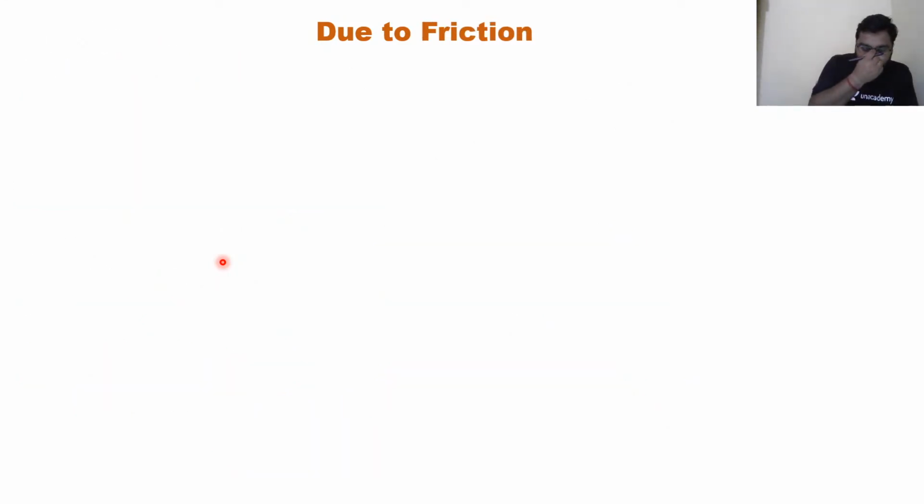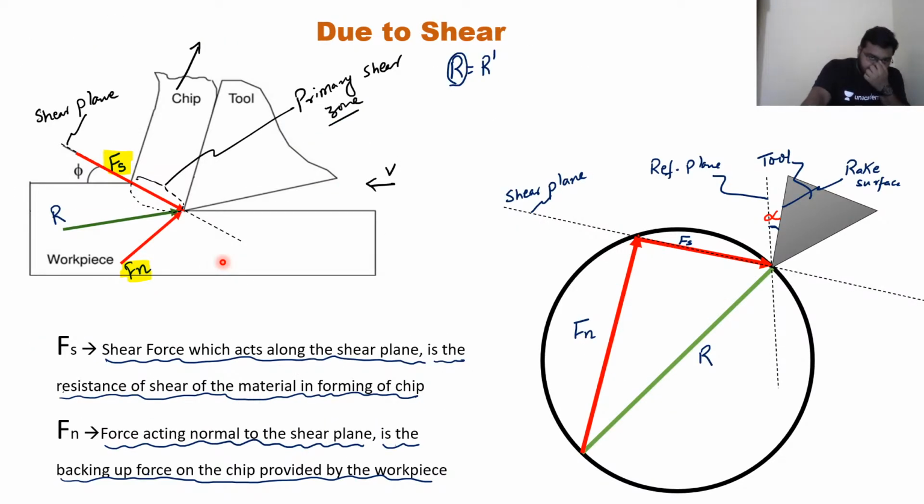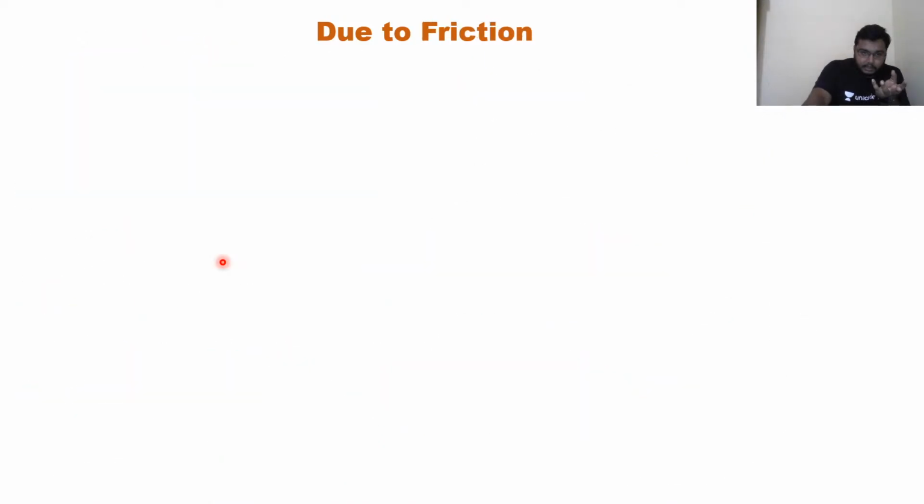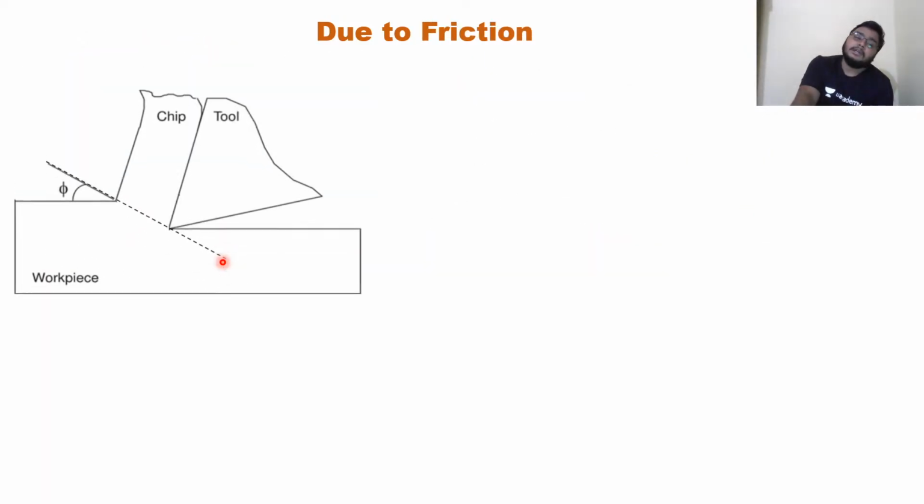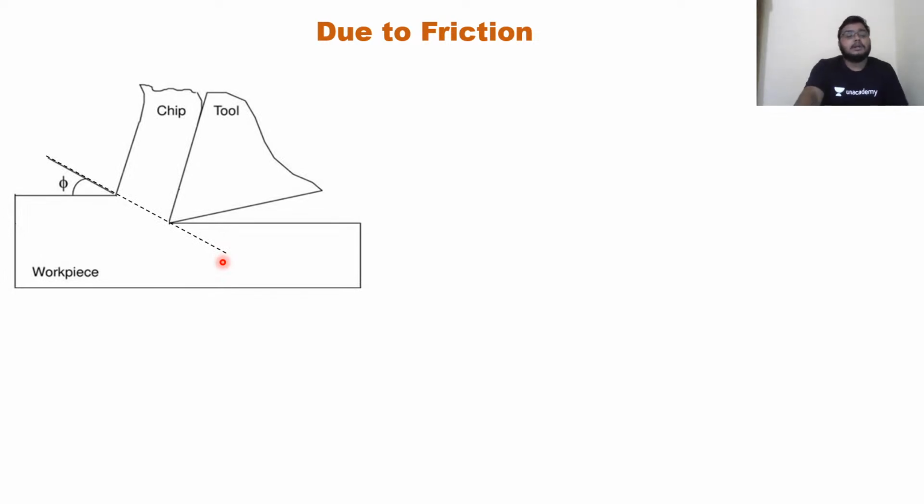Till now we have seen what the effect is due to shear, and due to shear this thing will happen. Now what will happen due to friction? Please see, same as before, this is the tool and this is your shear plane.